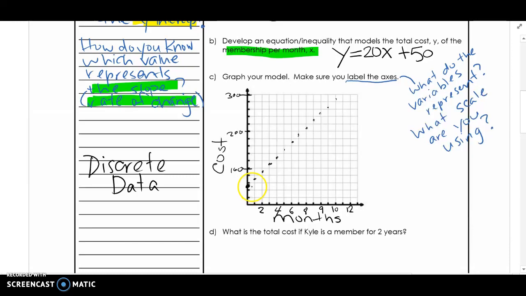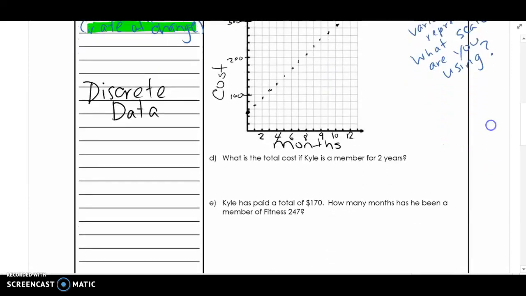And I've managed to plot the cost for 0 through 10 months. My graph shows the cost for 0 months through 10 months. What is the total cost if Kyle is a member for 2 years? Well, my X nor Y value represents the number of years. My X value does represent the number of months.